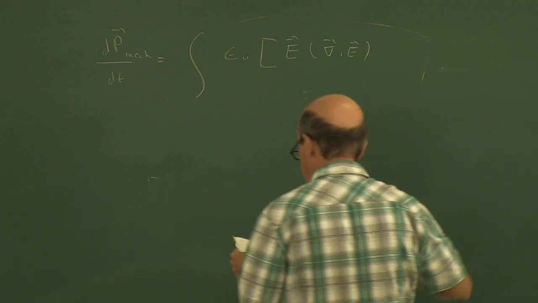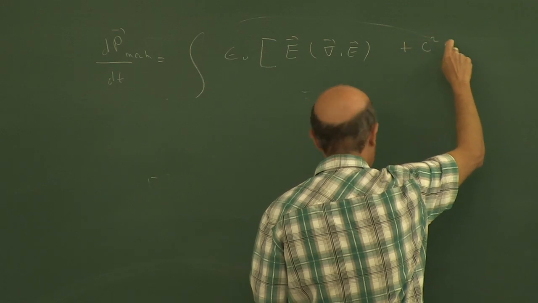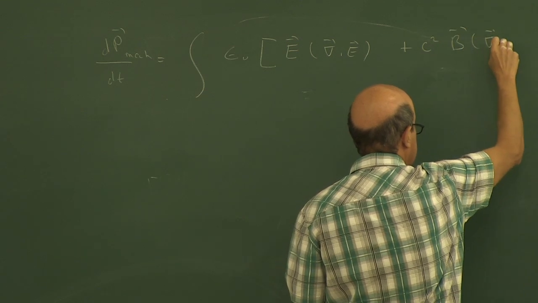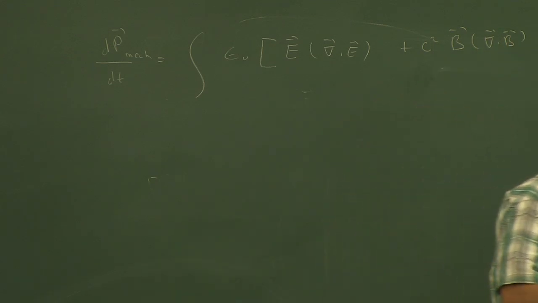What we didn't use yet is that there are no magnetic monopoles, del dot B is equal to 0. But for the symmetry of what we are going to obtain, I would add a 0 here: c squared B del dot B. You will see that the effect is nice. That is 0, but you will get a very nice tensor at the end.